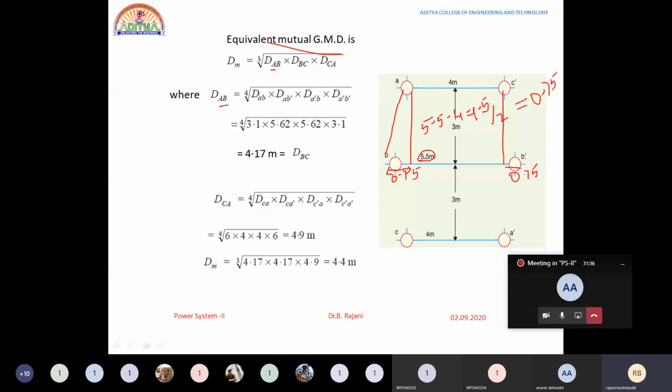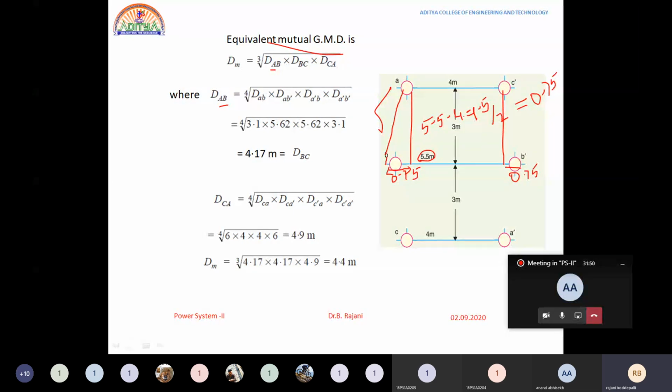In order to find the distance of C dash to B dash and A to B dash, what is the distance of A to B now? This is the distance we have to calculate. We know this distance and this distance. This distance is 3 meters.